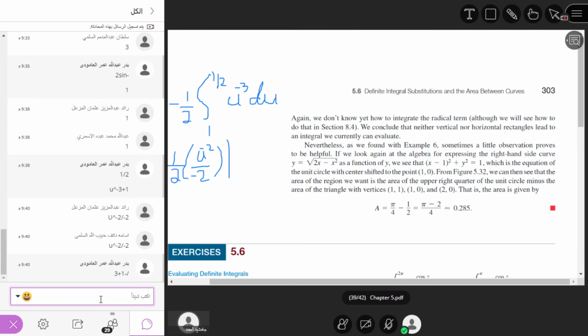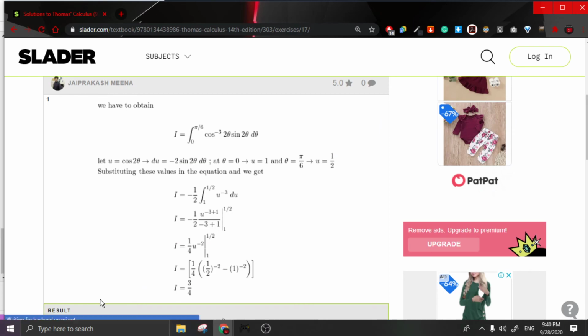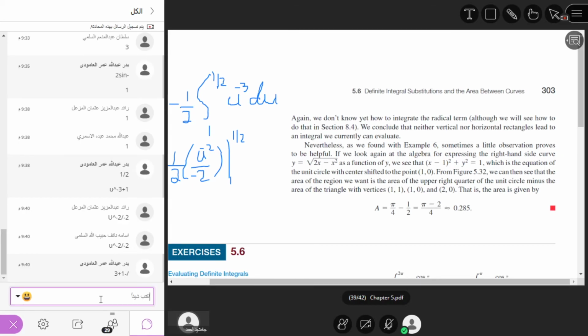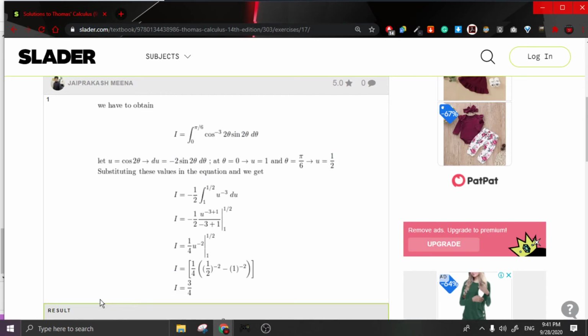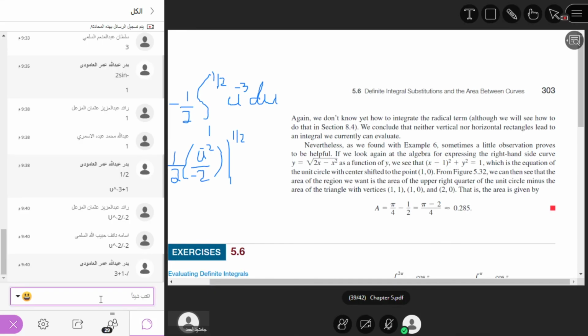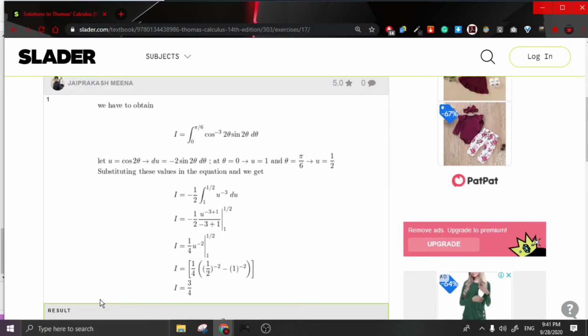Now here we have limits 1 and 1 by 2. Minus 1 over 2 and minus 2, so this will become positive, 1 by 4, and this is u power minus 2.